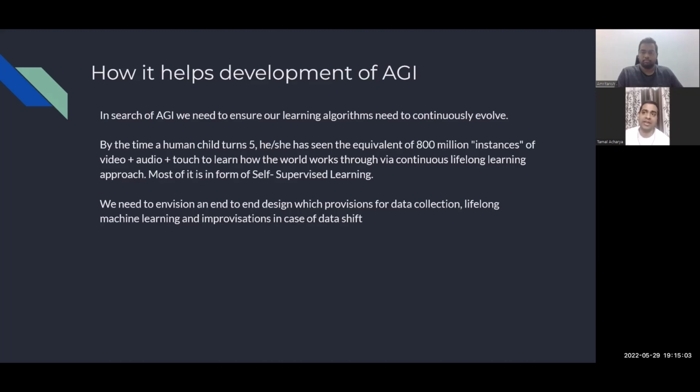That's like the step forward the Gato model has taken. It is trying to solve those things. I'm not saying 100% solved, but it has solved a few of them, at least 600 tasks. It's a step in that direction. So I'll say that we need to build on lifelong learning as we go forward towards AGI.